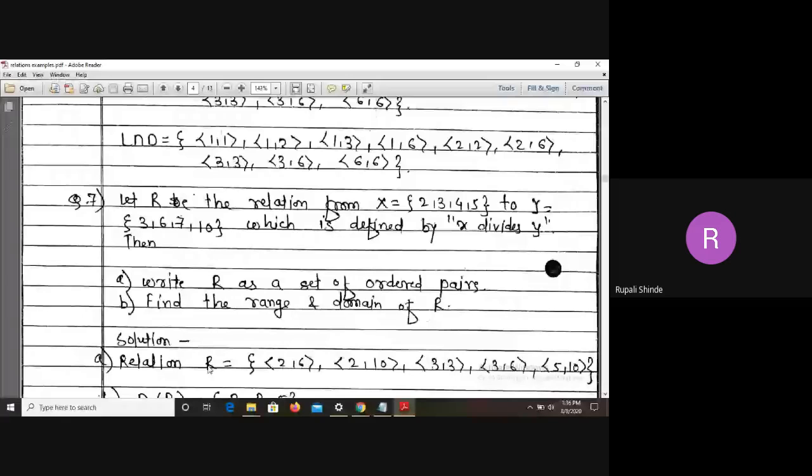For domain, you have to check the first element of each and every order pair. So 2 comma 3 comma 5. So this will be the domain for that given relation.